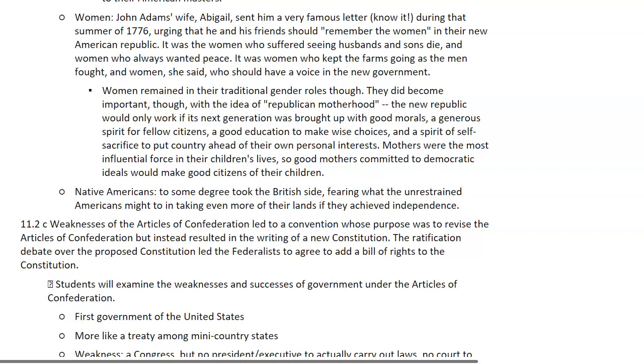Finally, let's mention Native Americans briefly. Native Americans, to some degree, actually took the British side. They had dealt with American colonists, and American colonists had spent most of their time pushing Native Americans around. They were afraid that if the Americans won, there would be no restraint on them at all, and the Americans would just trample the Native Americans in their own lands.